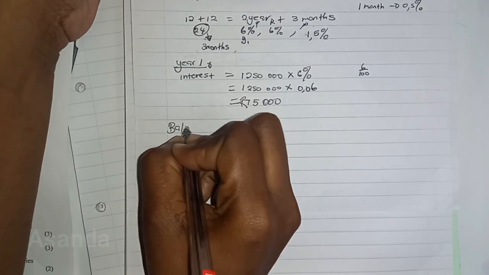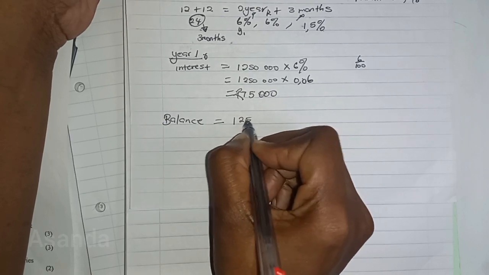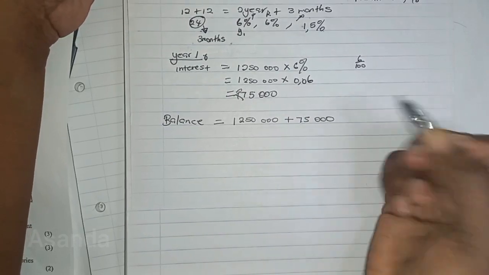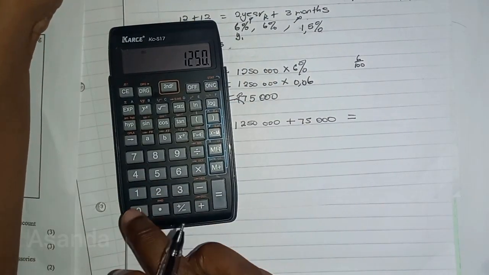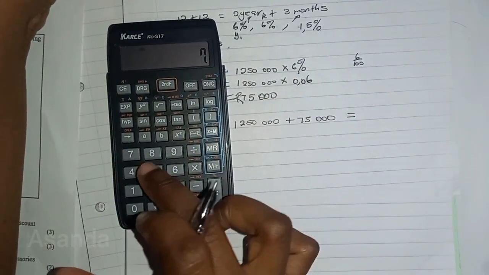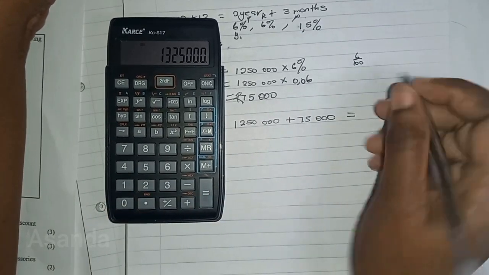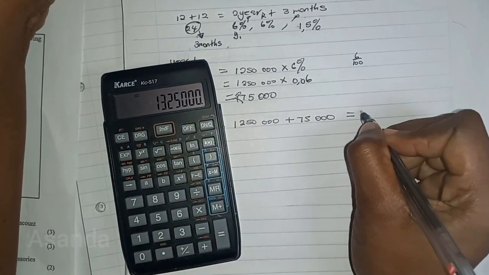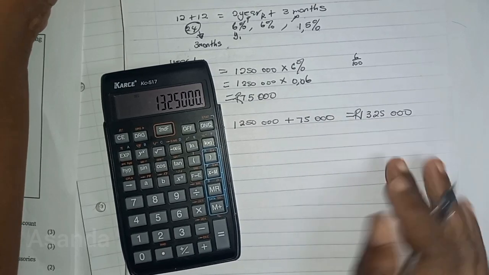Our balance here is equal to the money that we invested, which is 1,250,000, and then it was added by 75,000 at the end of the first year, and then our balance now became 1,325,000 rand. There we go.